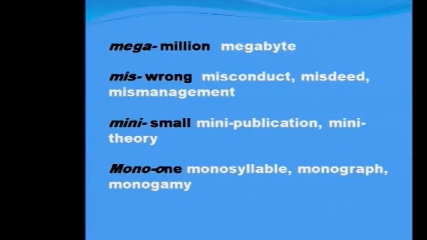So, mini publication, mini theory, which immediately means small theory, small publication. And mono is monosyllable, monograph, monogamy. Mono means one. So monosyllable is one syllable, monograph is one drawing, and monogamy is one marriage.